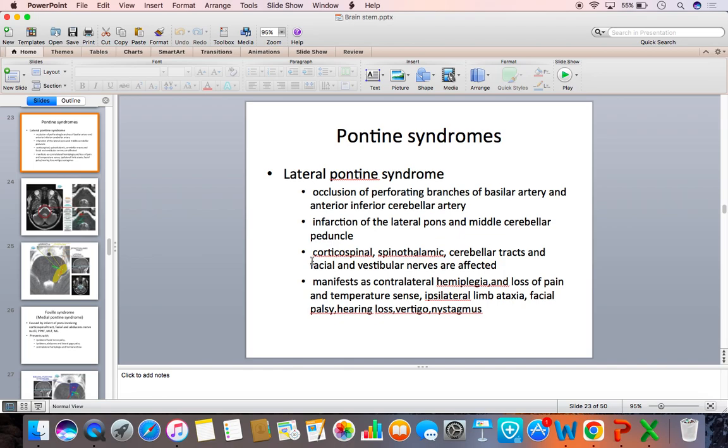Towards the medial and dorsal aspect, you have the sixth nerve, and a little laterally are the nucleus of the facial nerve and the vestibulocochlear nerve.